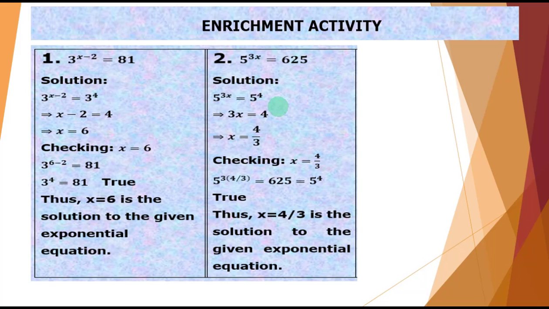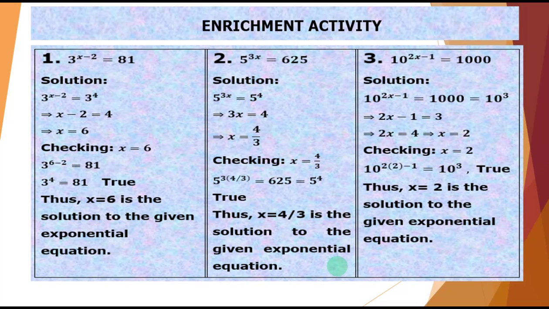Then we have the same base, so we equate their exponents, 3x equals 4, giving us x equals 4/3. Checking, we just plug in the value, so this is a true statement. Thus, x equals 4/3 is the solution to the given exponential equation.